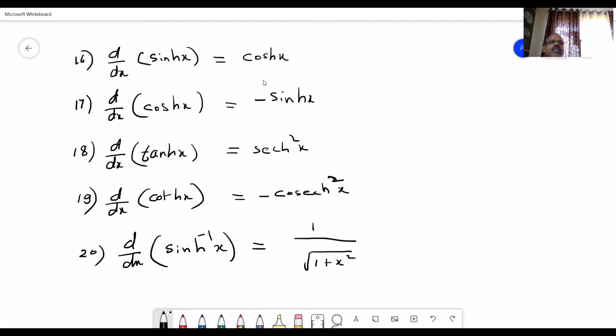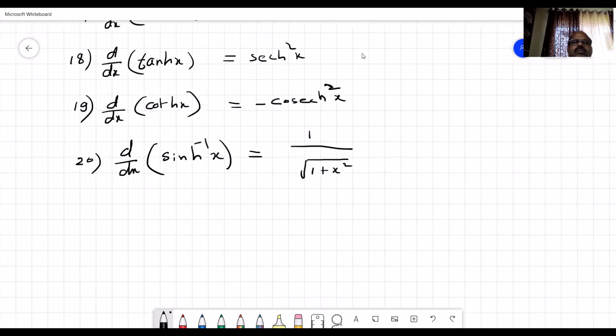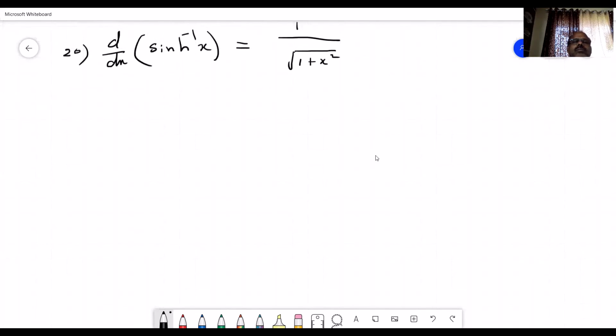So the differentiation of sin hx is cos hx. Cos hx is minus sin hx. Tan hx is sec h square x. Cot hx is minus cosec h square x. And sin h inverse x is 1 by square root of 1 plus x square. Now dy by dx of cos h inverse x.